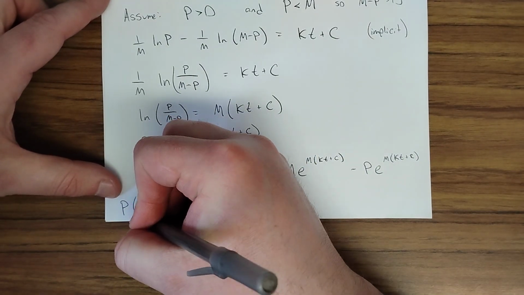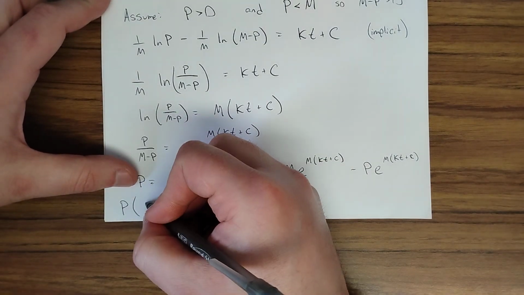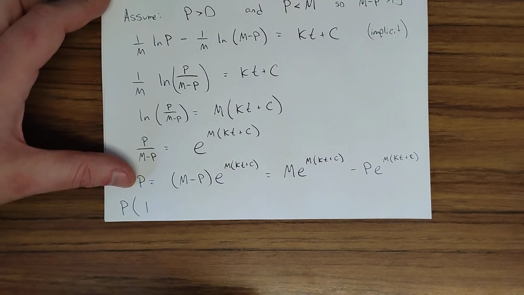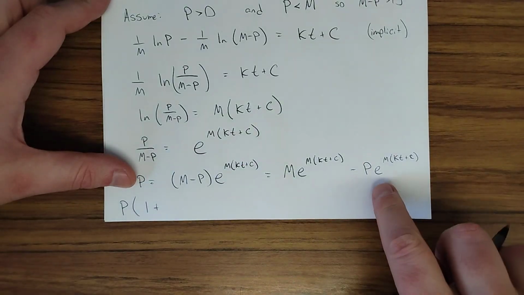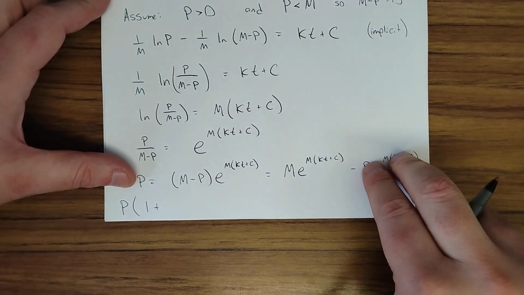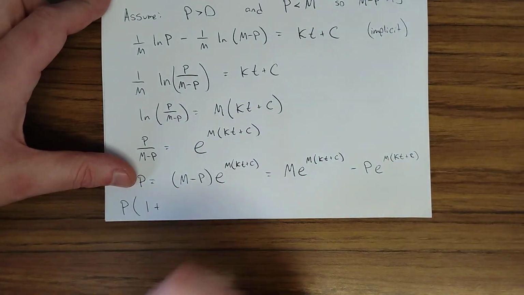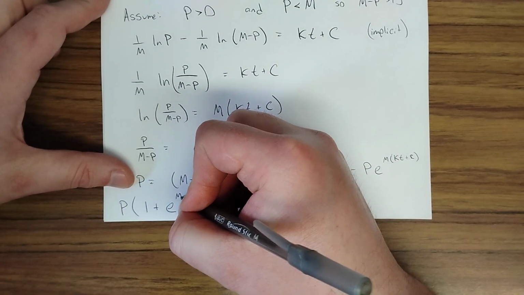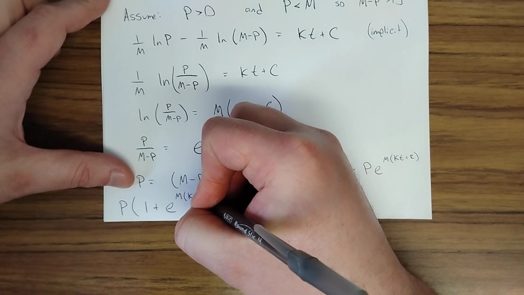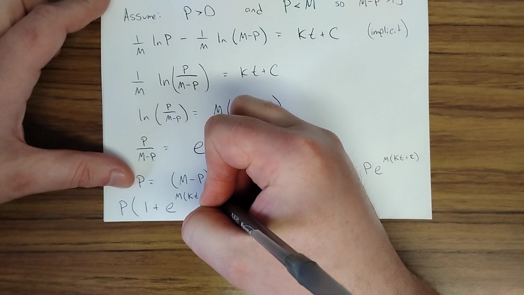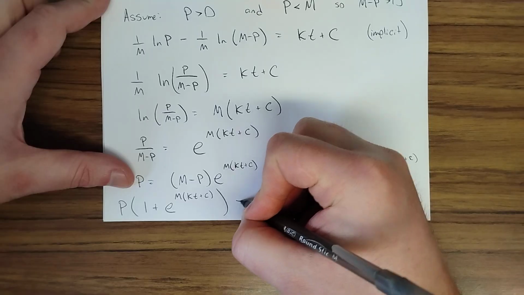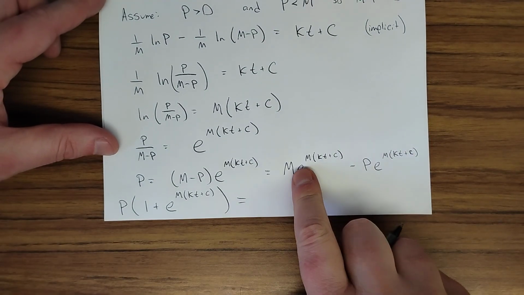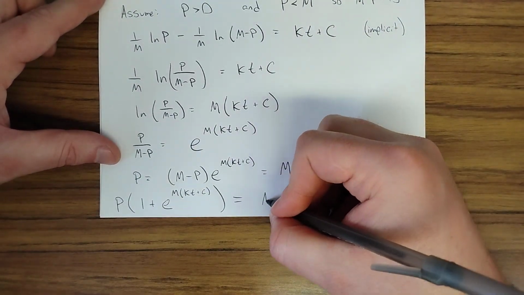So I'm going to get p times, first of all, there's going to be a 1 there because of this p, plus whatever this, when I move this over here and pull a p out, I'm going to get e to the m kt plus c equals, this is still on this side.